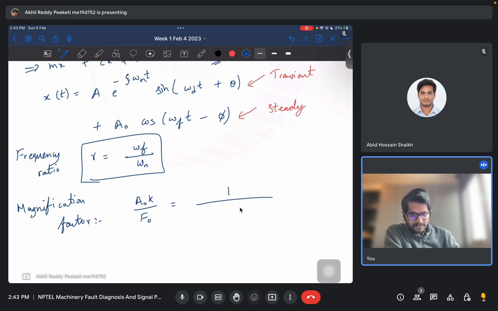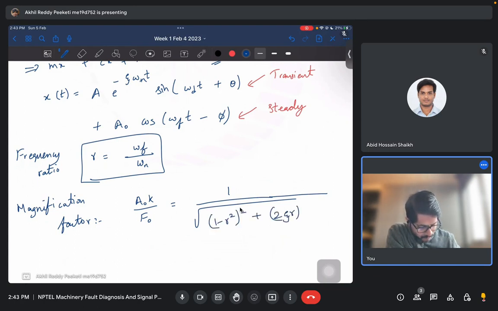This would be the force you will see in the spring, and this would be the applied force. So the ratio of those two will be the magnification factor, which comes out this way.